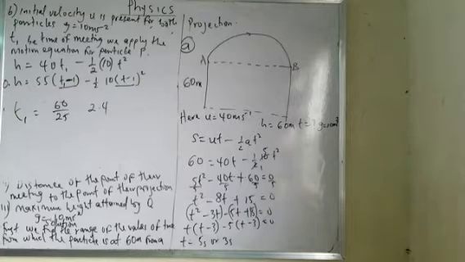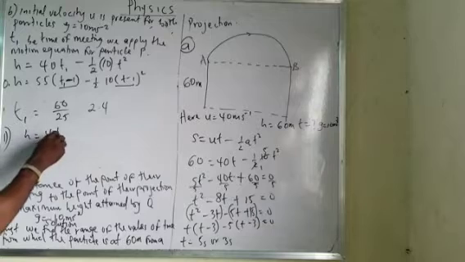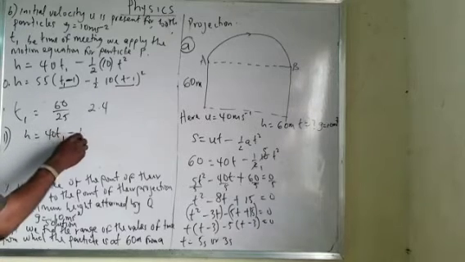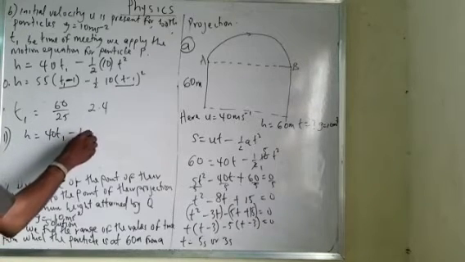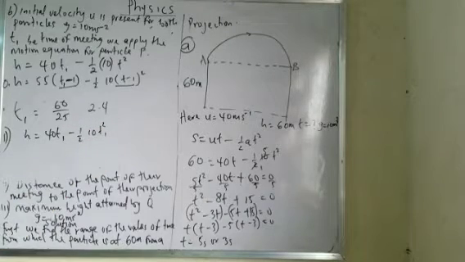Now, what I'm trying to work on now is my H. By so doing, my H will be equal to 40 (T1 minus 1) all over 2, 10 T1 squared.